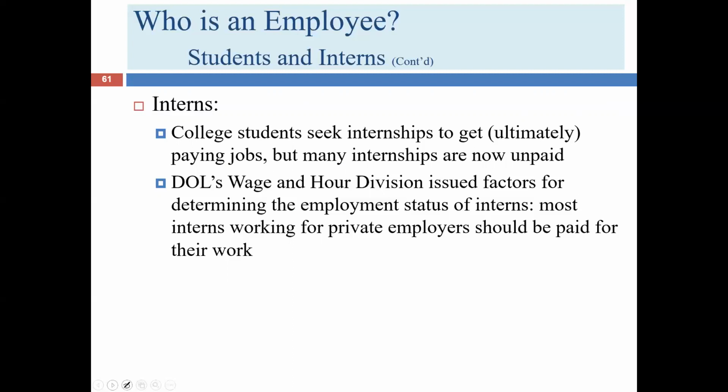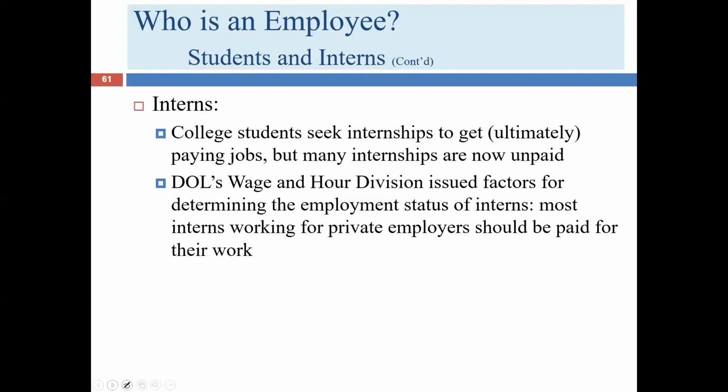So the unpaid internship is kind of a tryout basis for the paid position. That's sometimes how these types of internships play out. And it's quite unfortunate. And in most cases, it's actually violating the Fair Labor Standards Act because workers are entitled to at least minimum wage for the hours they spend at their employment.